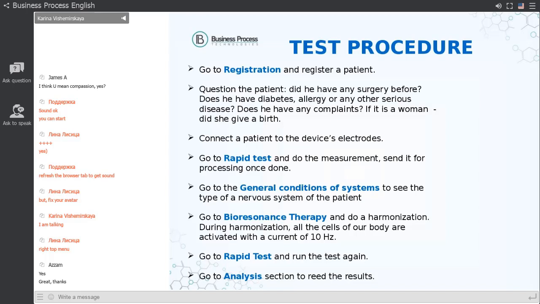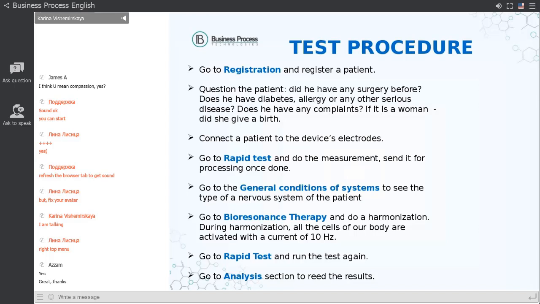And when we register a patient, we have a small space to write notes. When we write the notes, we need to ask the patient how he feels. It is very important to ask: did he have any surgery before? Or does he have any serious disease such as diabetes, cancer, high cholesterol, some problems with tension, or allergy reaction?